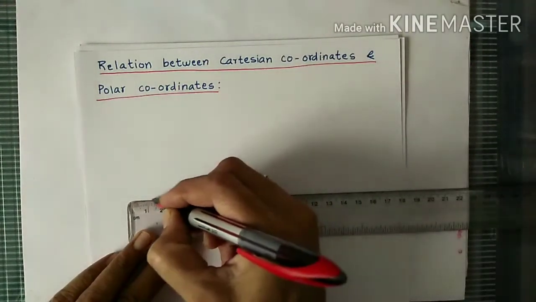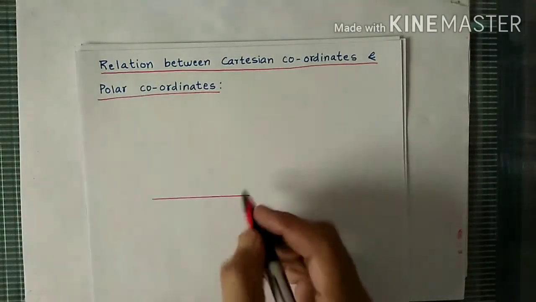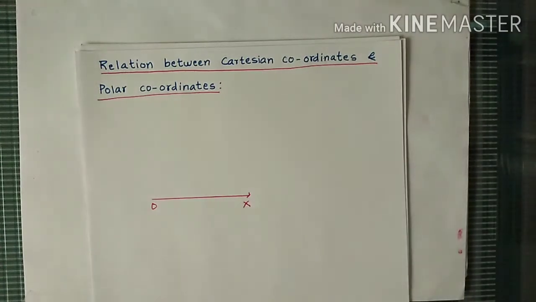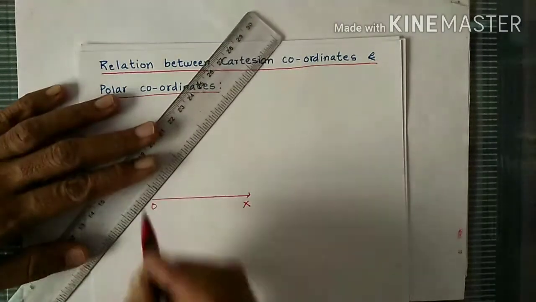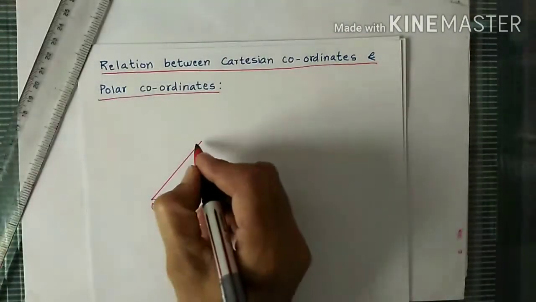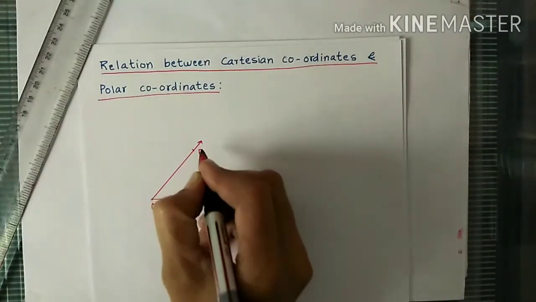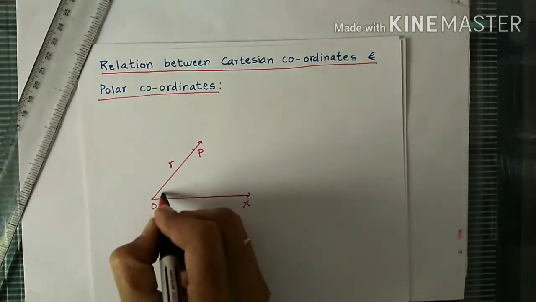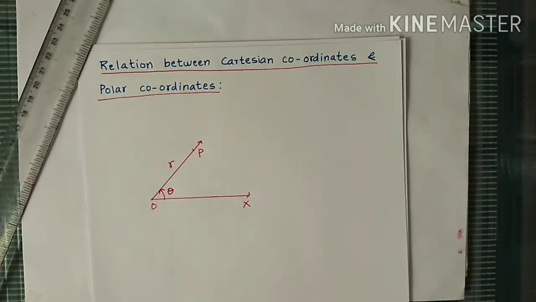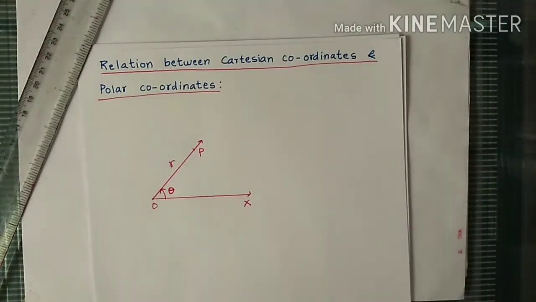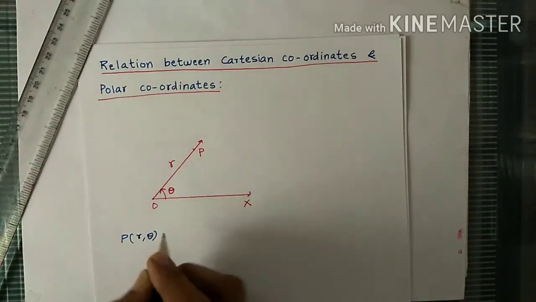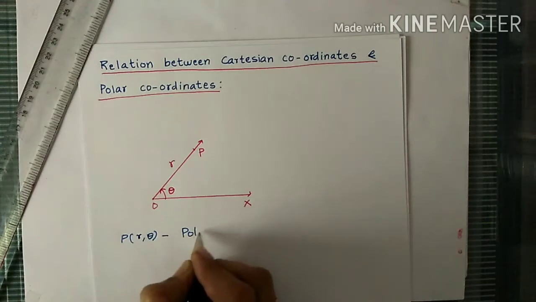So this is OX, our polar axis, and let P be such that length OP equals r. So this is our point P such that length OP is r and measure of angle XOP equals theta. So now we have polar coordinates of P as r, theta.